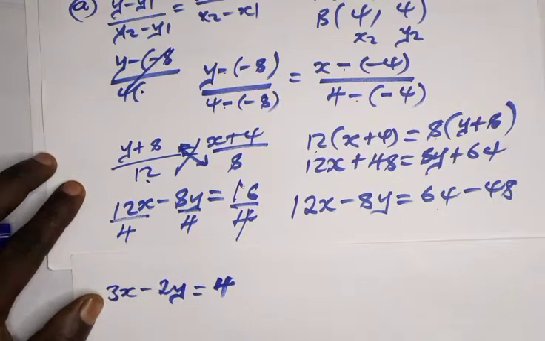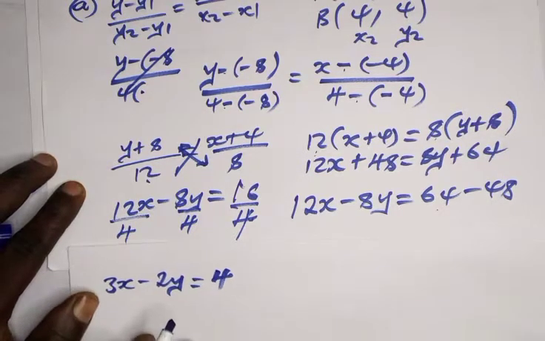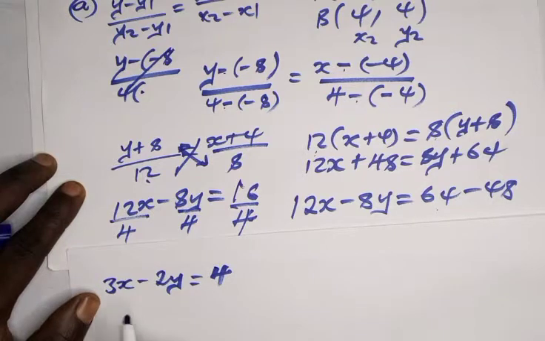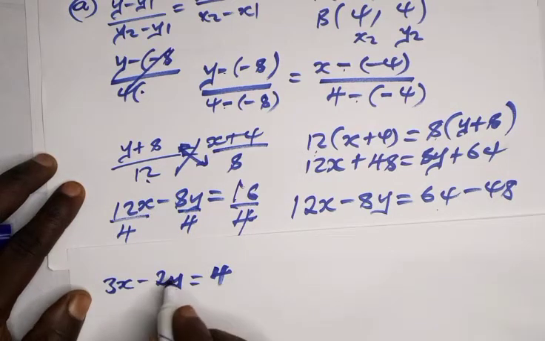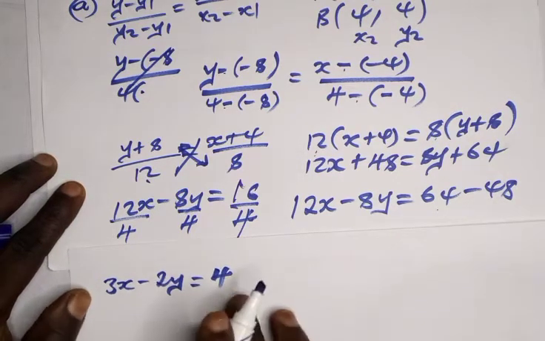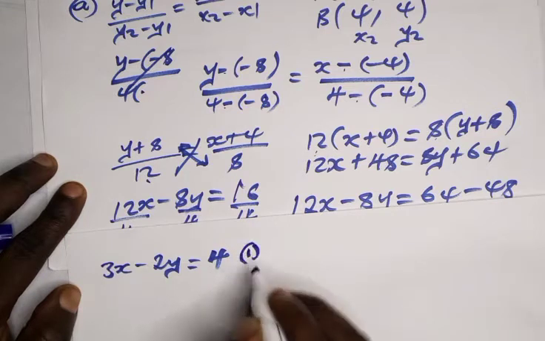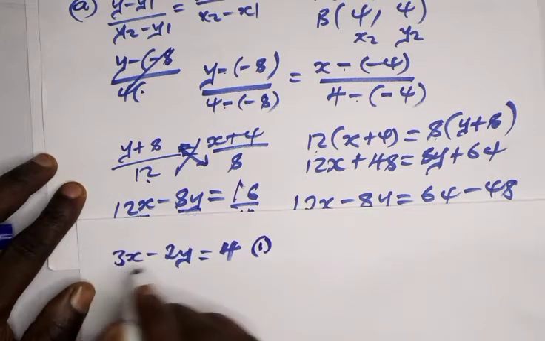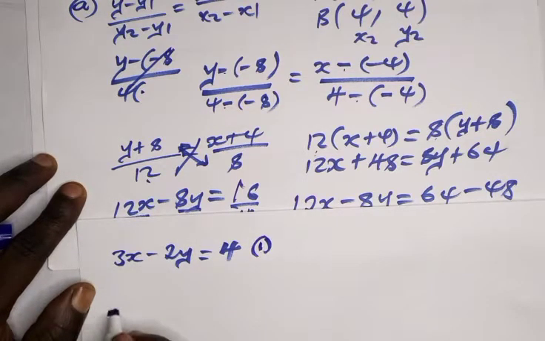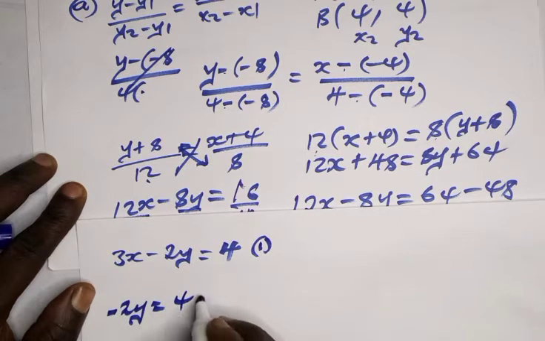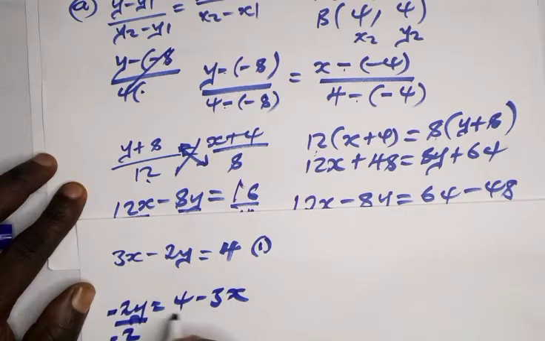So let's find the equation of the perpendicular. We have to find the gradient first. By finding the gradient, we have to make y the subject of the formula of this equation. So this is equation 1. Then let's make y the subject: minus 2y equals 4 minus 3x, divided by minus 2.